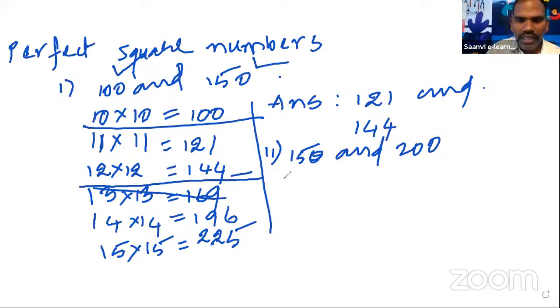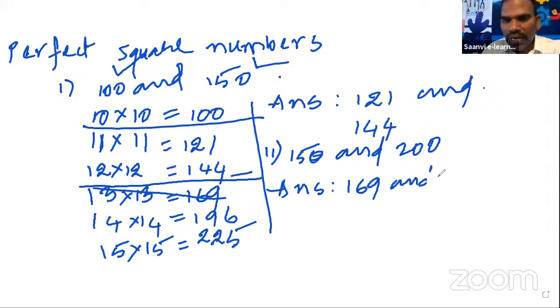What is the answer? Above 150, below 200, which are there? 169 and 196. 169 is 13 into 13. 196 is 14 into 14.